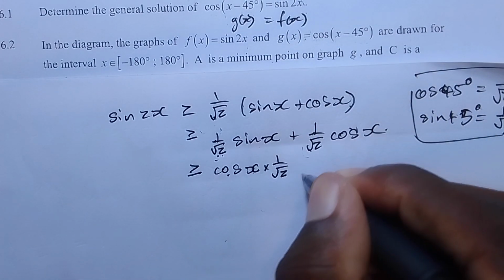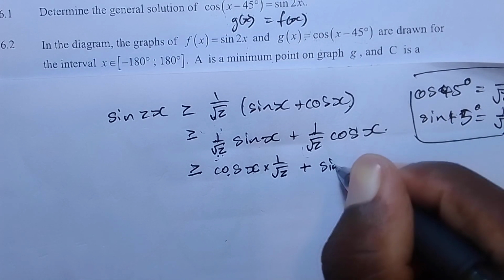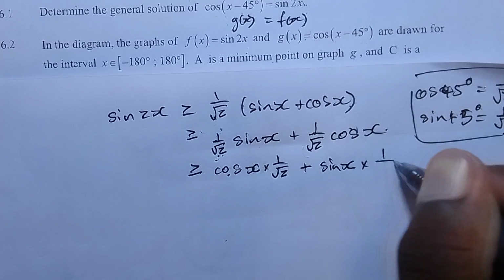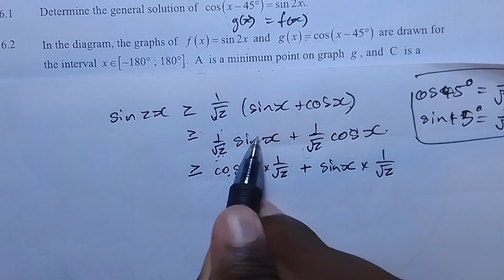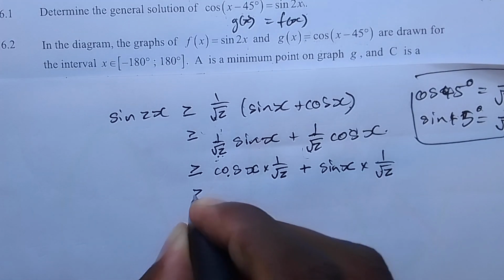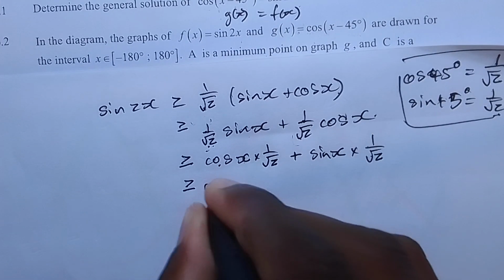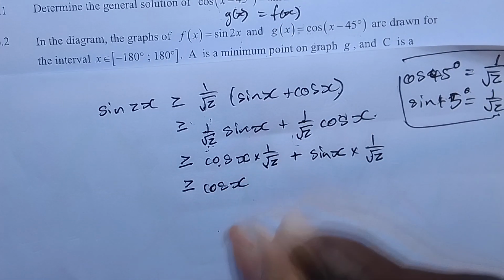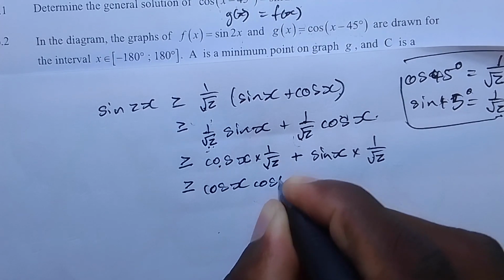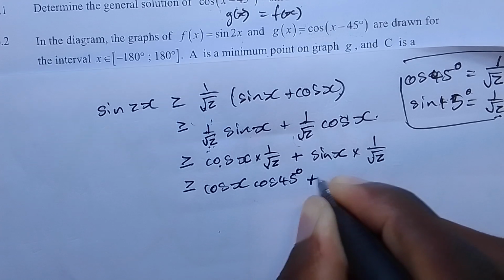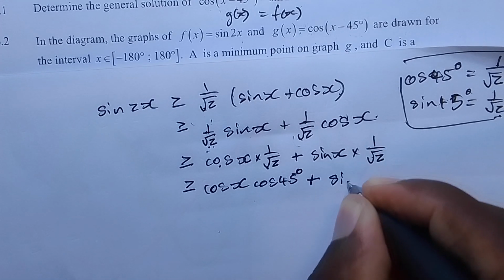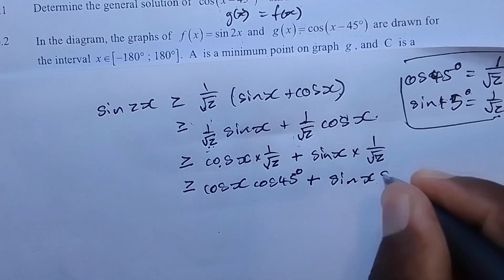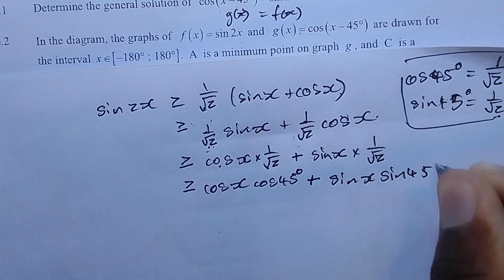I wrote it here. Plus sine x multiplied by 1 over square root 2. And that is exactly that. Now what I will do is I'll say cos x. In the place of this, I substitute cos 45 degrees, plus sine x. In the place of this, I substitute sine 45 degrees.